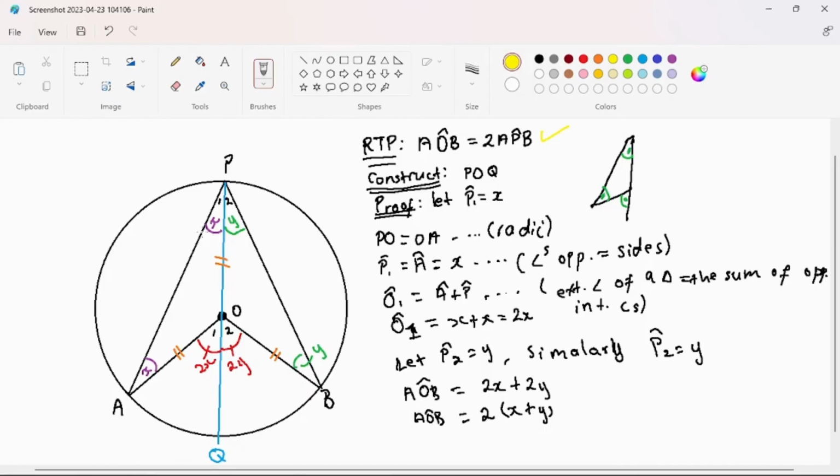As you can clearly see, angle APB is the same as saying X plus Y. Hopefully you can all see my yellow color there. So then we can conclude that therefore AOP is equal to 2 APB. And then we can say proven.